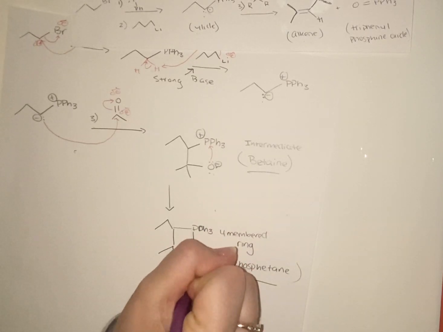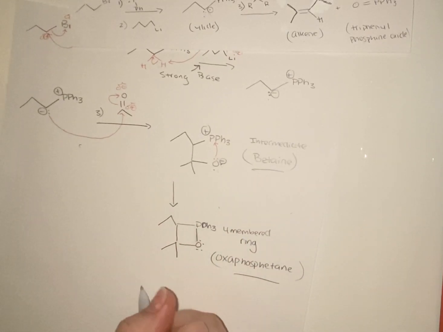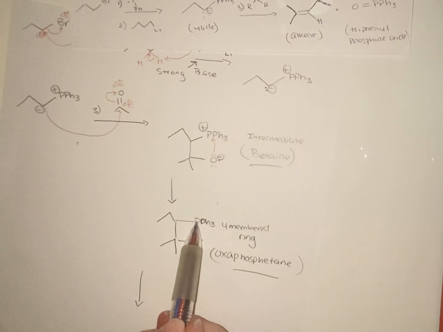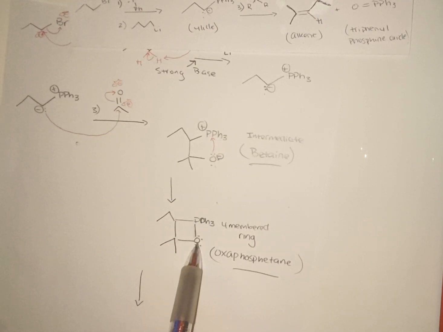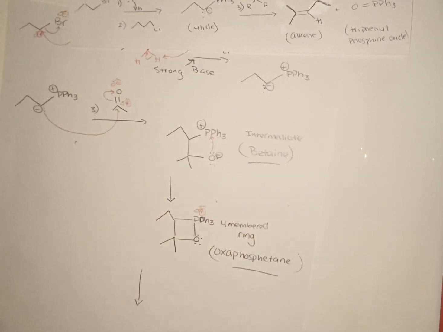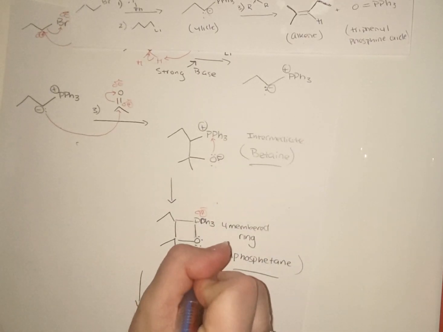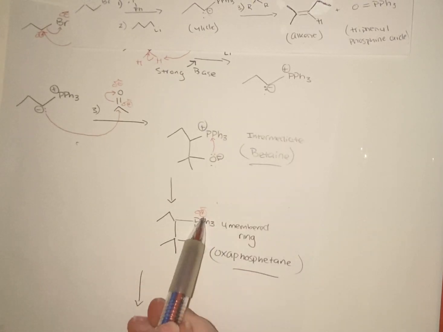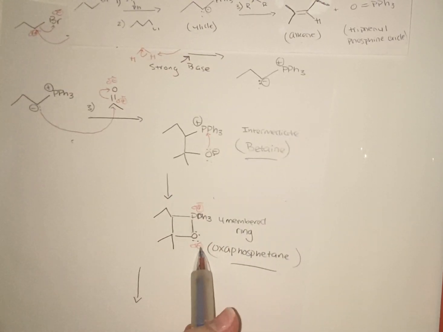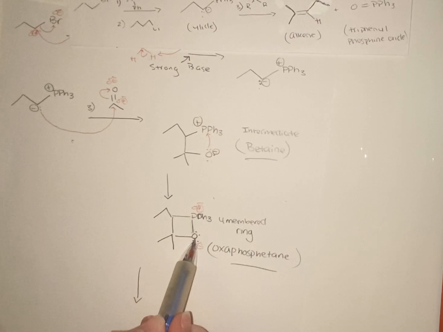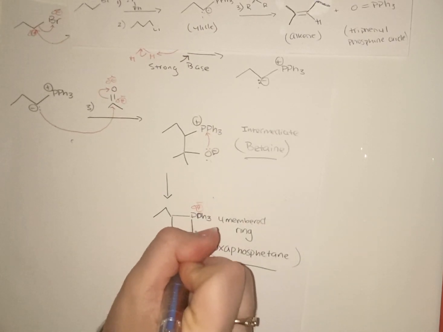From there, you will then go through the breaking of bonds. So in other words, this phosphorus is less electronegative than the carbon and the oxygen, which means it will have a partial positive charge. While the oxygen is more electronegative than both the phosphorus and the carbon, it will have a partial negative charge. Now for the carbons, since this carbon is less electronegative than this oxygen, it will have a partial positive charge.